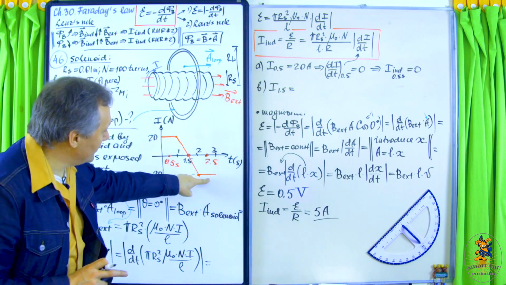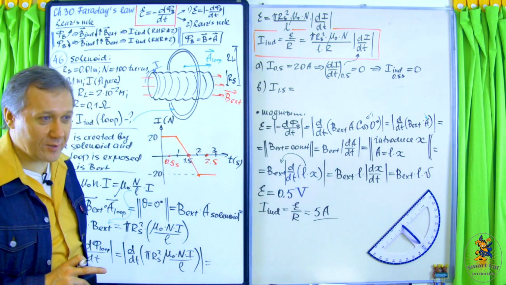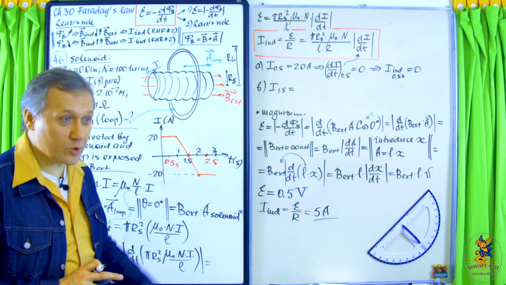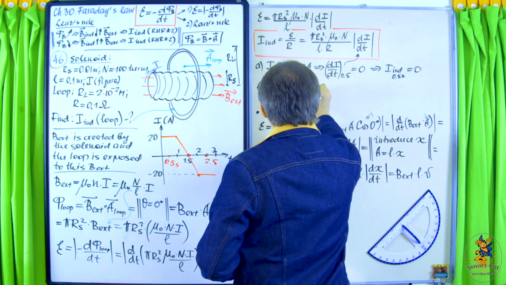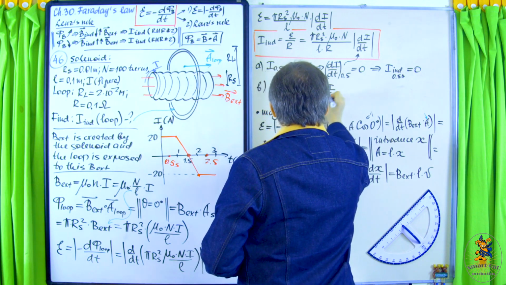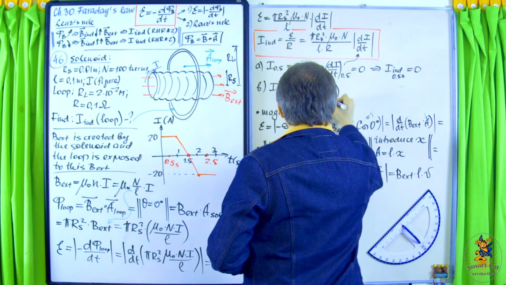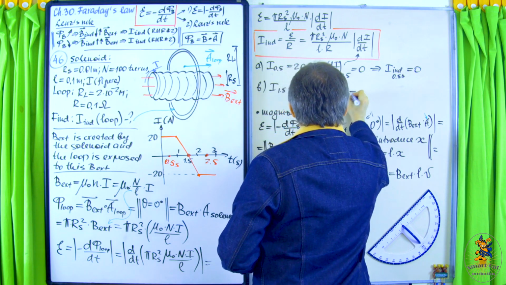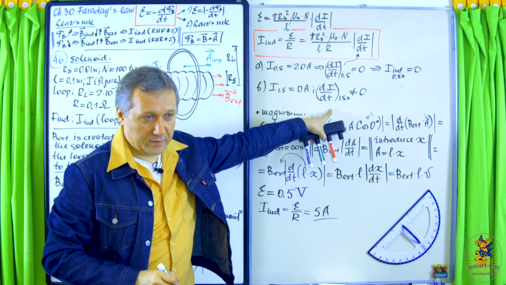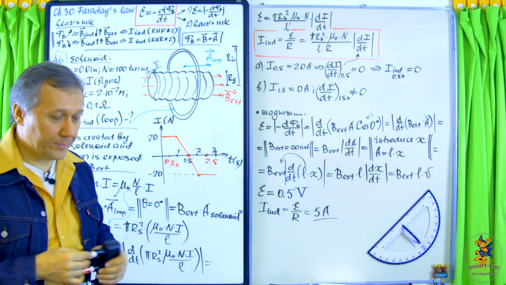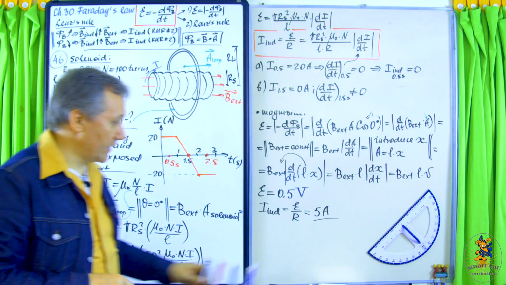Here slope 0, here slope 0, here slope is not 0. You should be able to calculate that slope, right? So although the value of the current is 0 amps, di over dt at 1.5 seconds is not equal to 0. So you will calculate it at home, and at this point we can call it a day.